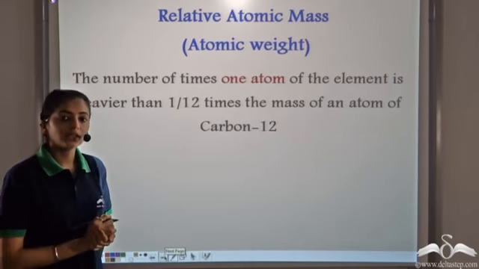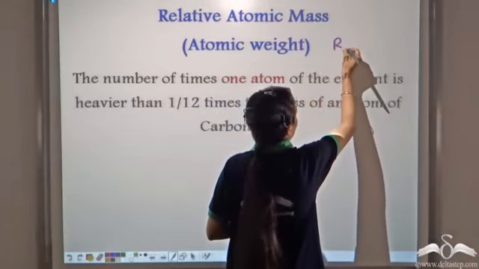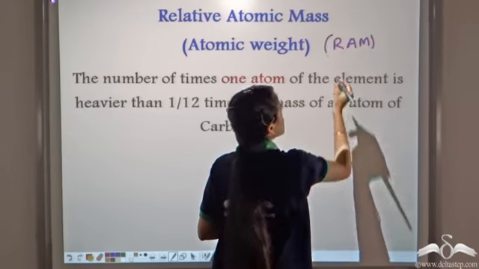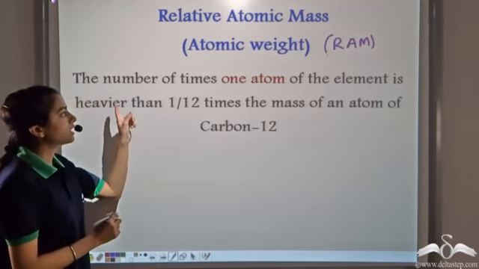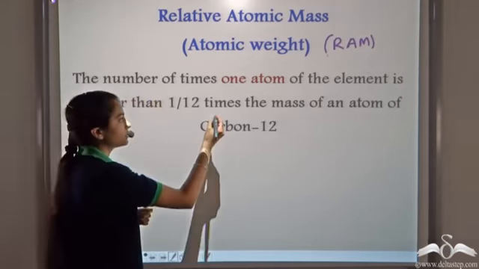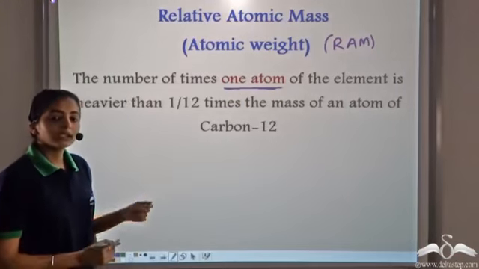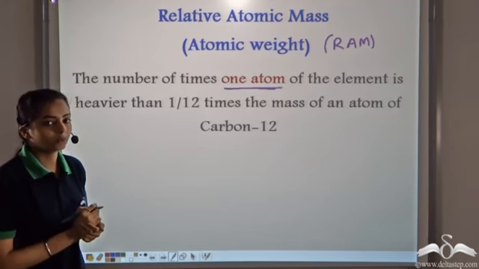So we have seen that the relative atomic masses, which can be abbreviated as RAM, and which are also known as the atomic weights, this is the number of times one atom of the element is heavier than 1/12 the mass of one carbon 12 atom.